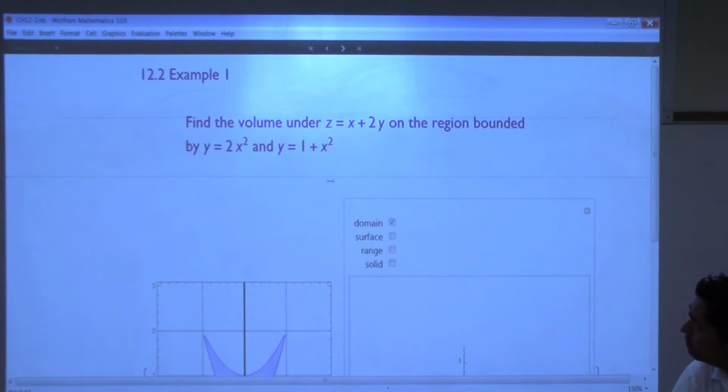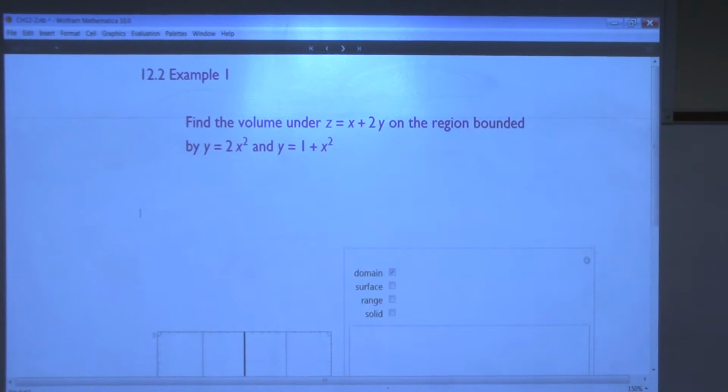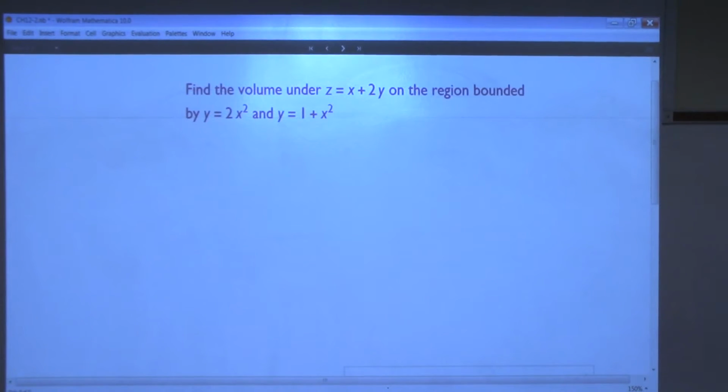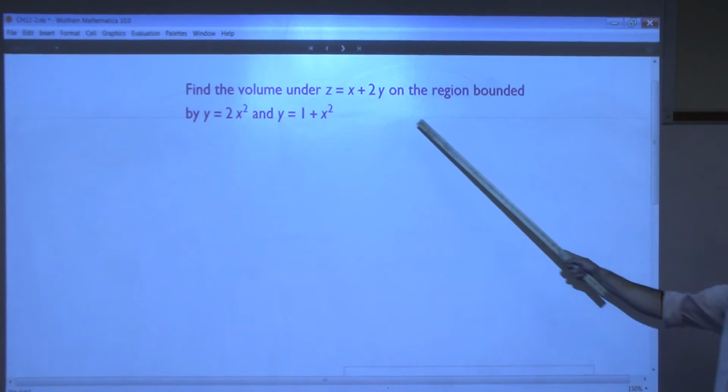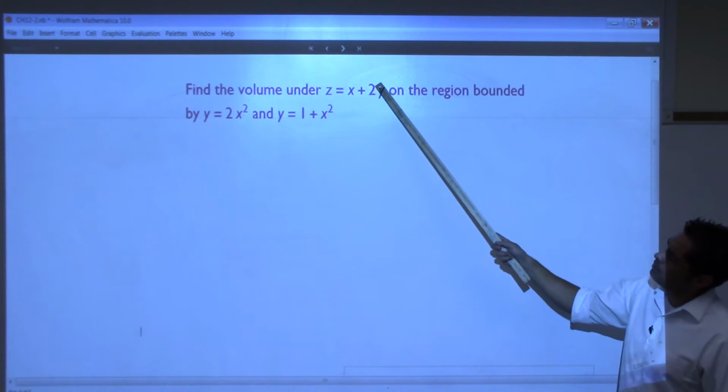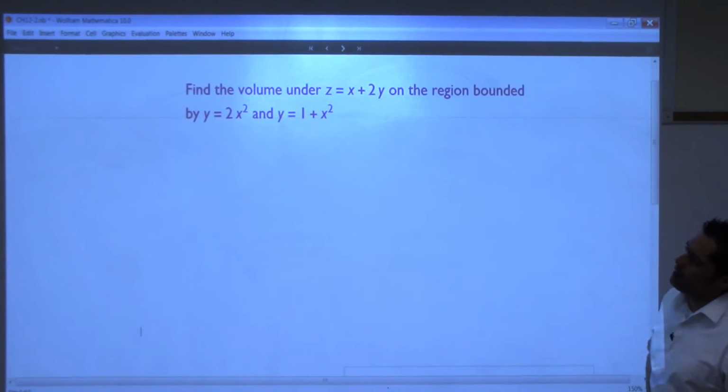The best way to get a feel for this is just to work one out. Find the volume under z equals x plus 2y. What is that if I graphed it? It's a plane. Find the volume under this plane on the region bounded by these two curves.